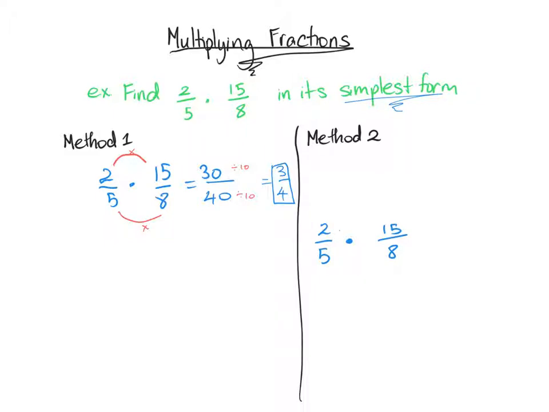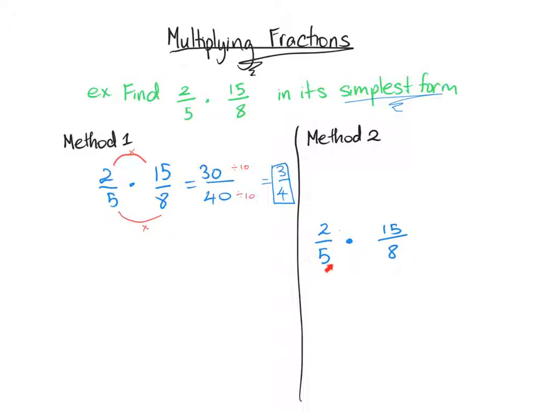You don't have to be within the same fraction to simplify. You can simplify across. What do I mean by that? Okay, so as you can see, 2/5 is in its simplest form. There is nothing else that we can do to make that simpler. 15 over 8 is also in its simplest form. There's nothing we can do to make that simpler.